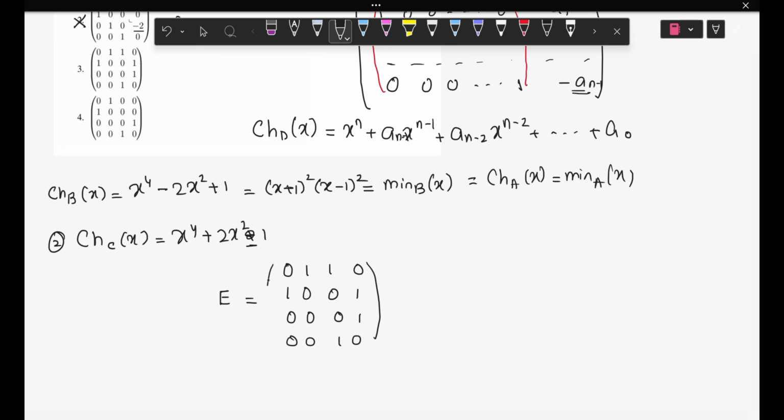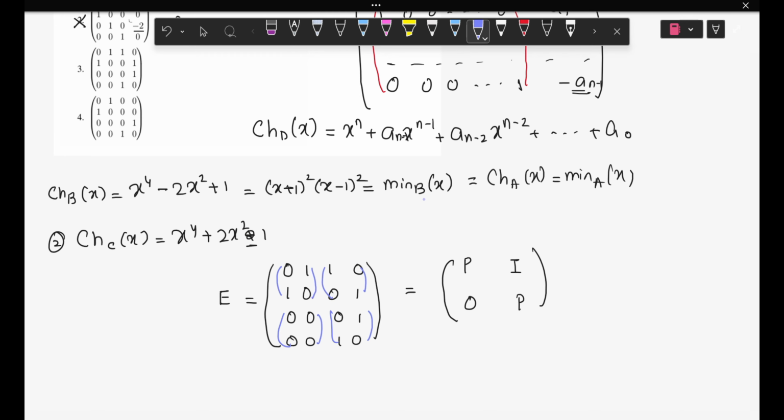Now if you try to calculate the characteristic polynomial of E in our usual way, that would be very complicated. So I'll convert this matrix E into a block matrix. I'll write this E as [P, I; 0, P], where P is a 2 by 2 order matrix and this is the identity matrix.